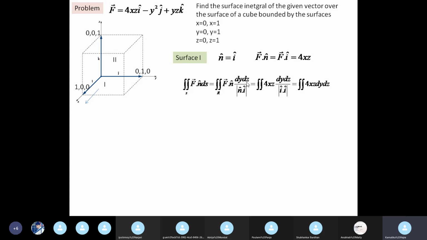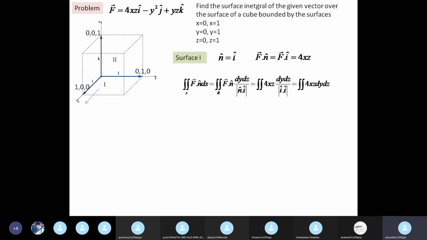So in this formula here, we have f dot n cap dy dz divided by mod n cap dot i cap. So f dot n cap is 4xz dy dz, and n cap is i cap. So we have i cap dot i cap, which is 1. So 4xz dy dz.